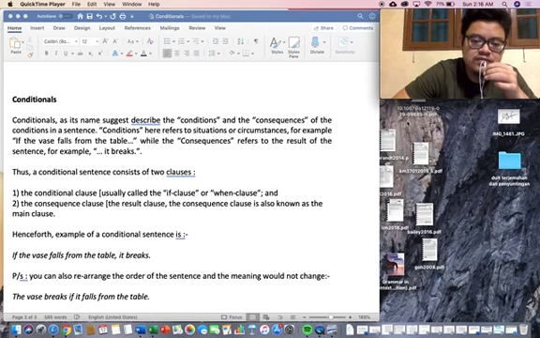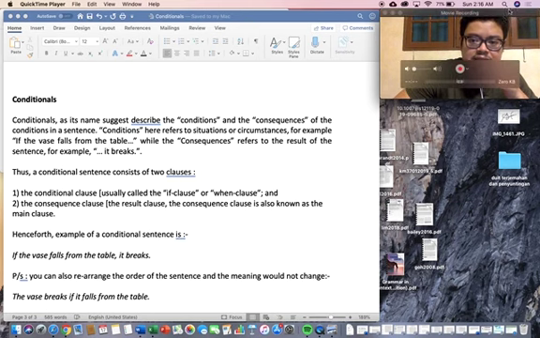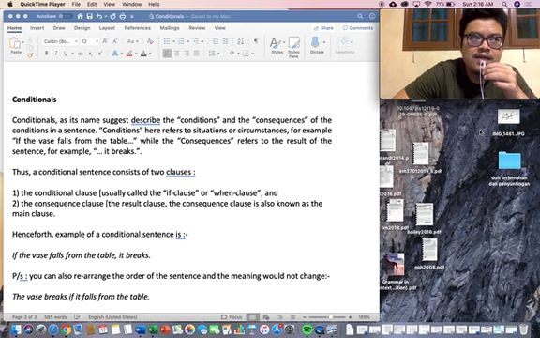For each conditional, we will look at the structure as well as examples.